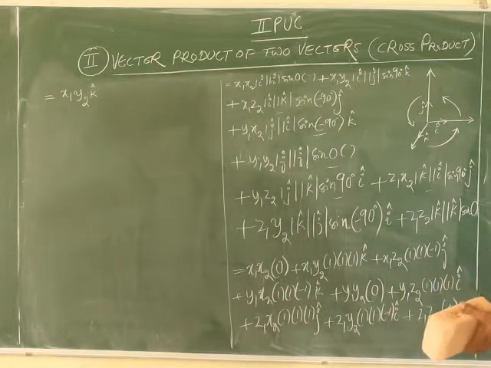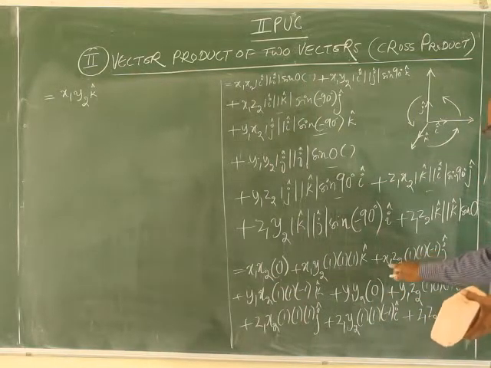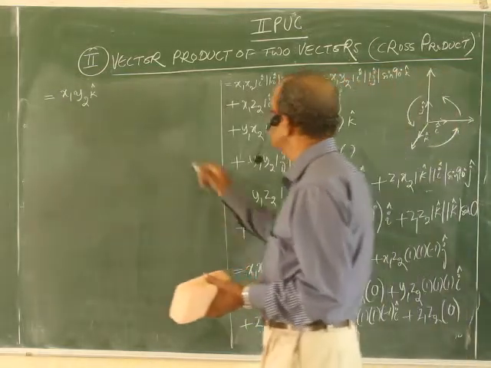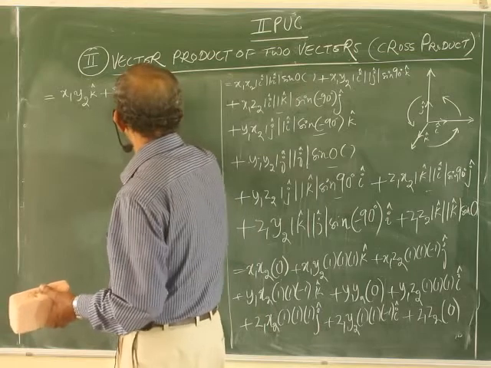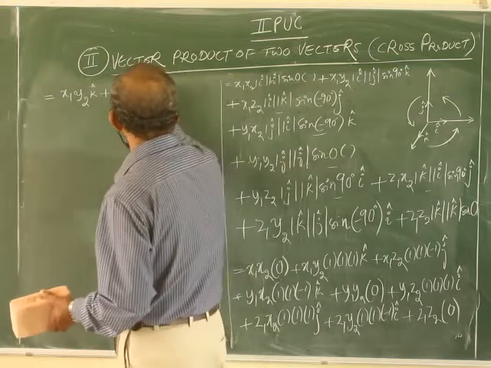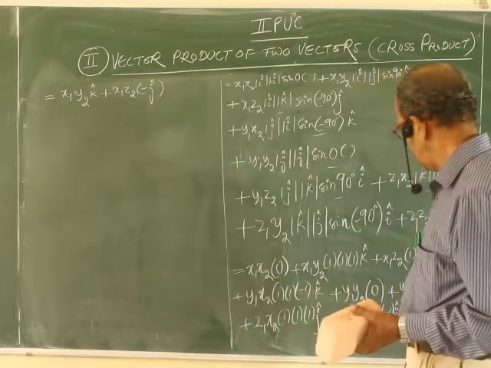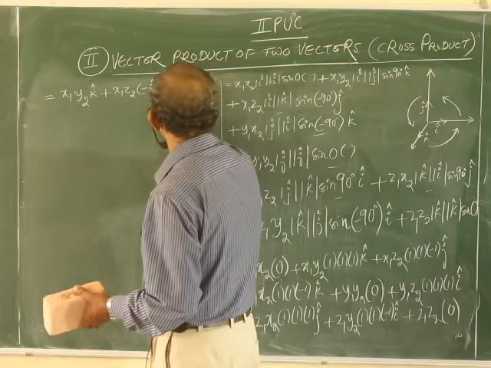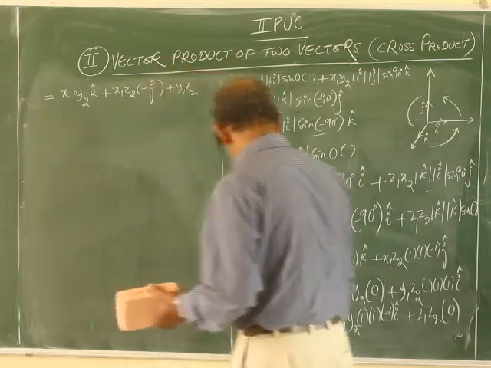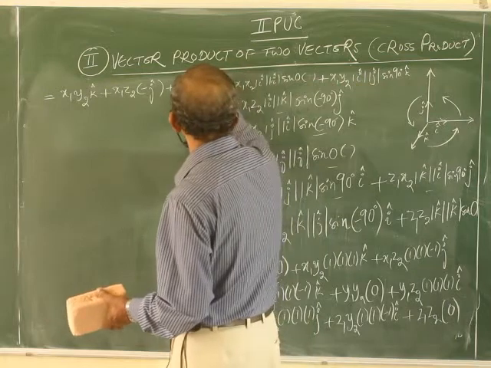Next one, due to minus sign, x1 z2 minus j. Then y1 x2 minus k. Write correctly.